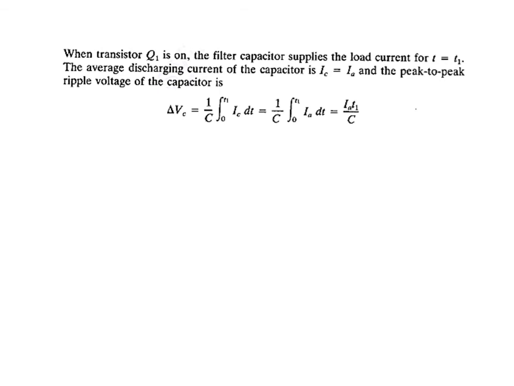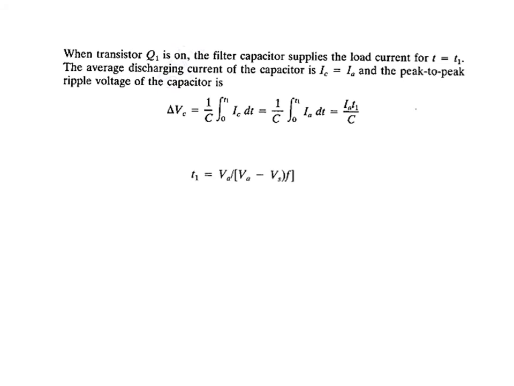So capacitor current Ic is equal to output current Ia, and thus the peak-to-peak ripple voltage of the capacitor is given as ΔVc = (1/C) ∫ from 0 to T1 of Ic dt. Since Ic is equal to Ia, substituting, we get ΔVc = Ia T1/C.